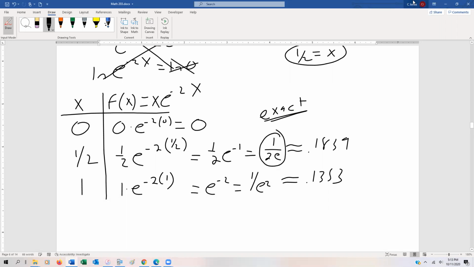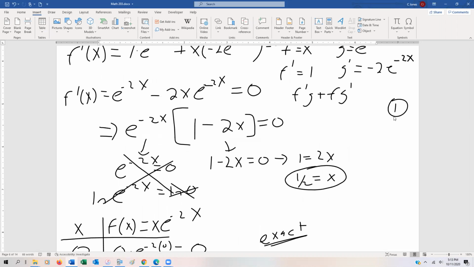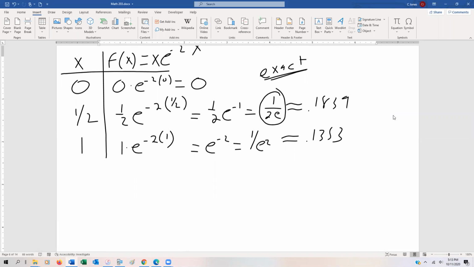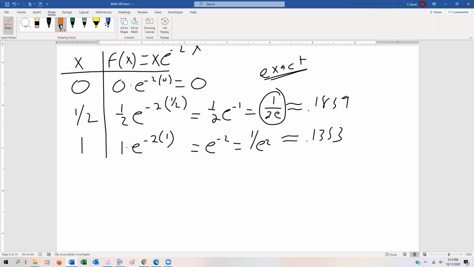All right, now we are looking for the absolute max and min. All right, so clearly the lowest point is at 0, 0. So if we go here, this is going to be our min because it's the lowest point. And then right here at 1/2, 1 over 2e, that is the highest value. Right, so that's our max.